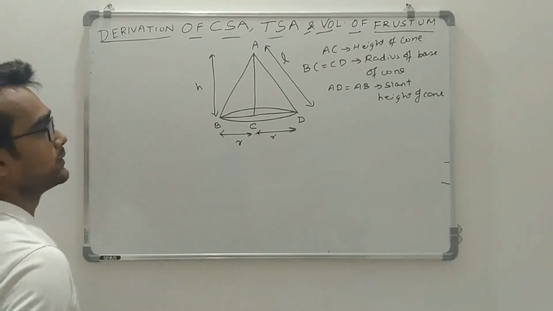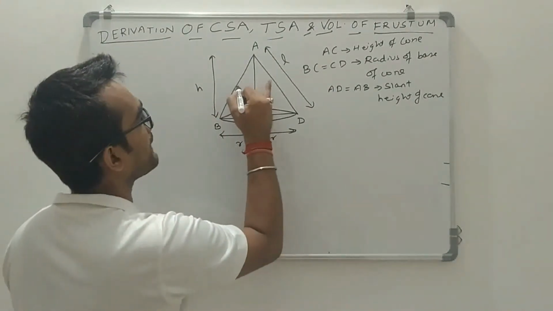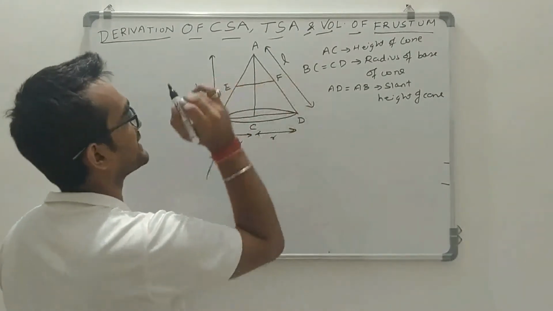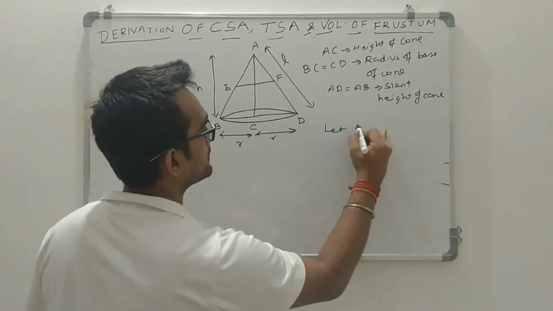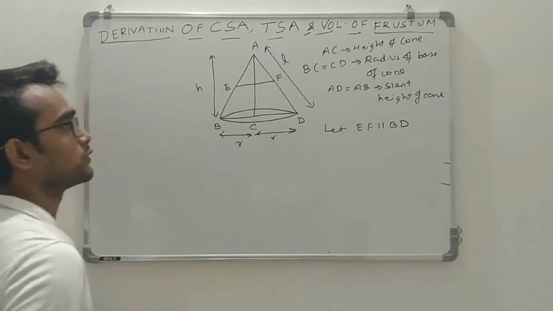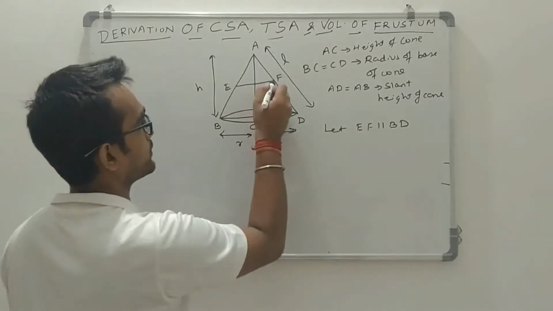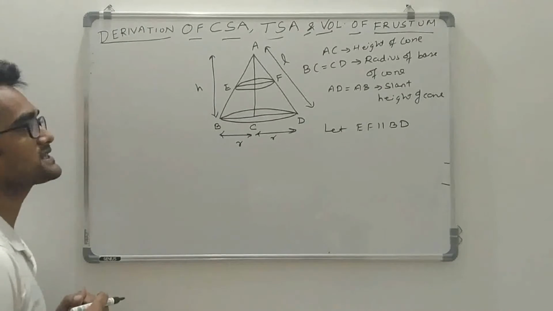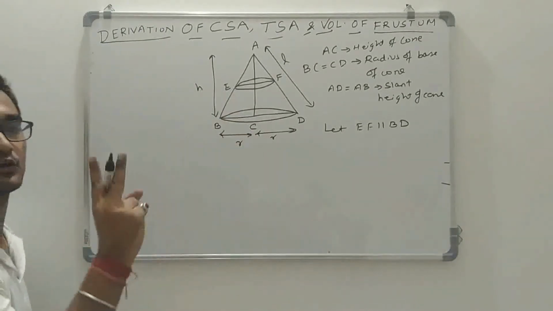Okay. Now we will draw a line parallel to the base of cone. Let EF be the line parallel to BD, which is the base of right circular cone. Now, friends, as you can see now in this figure, there are two cones.